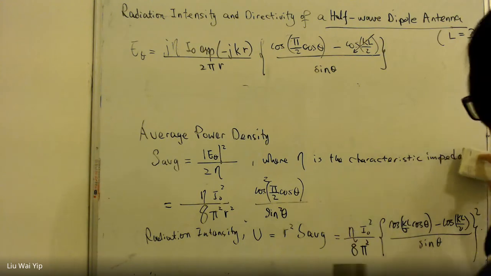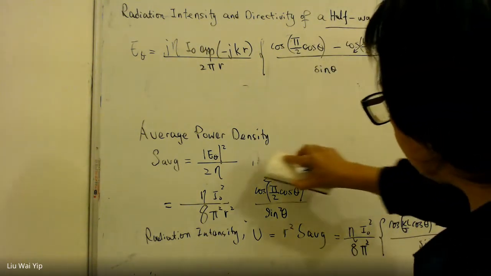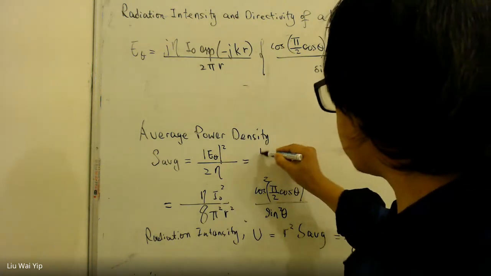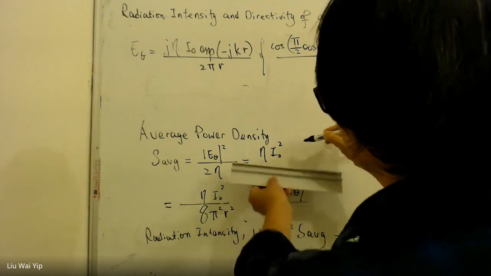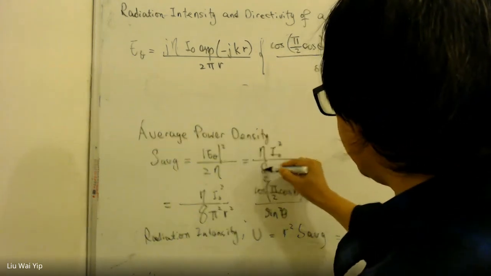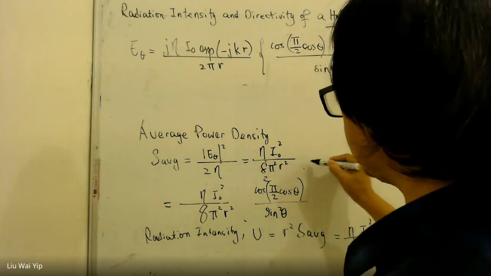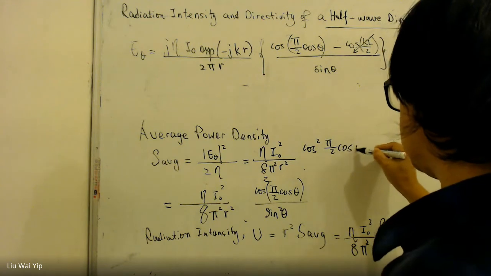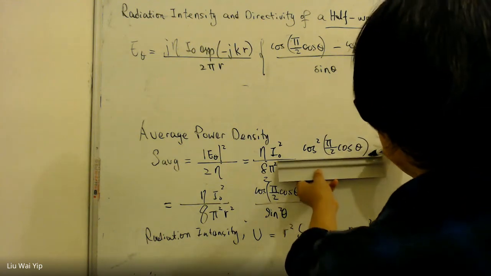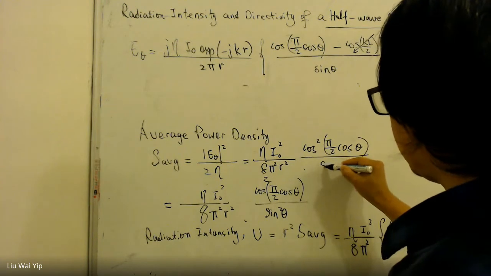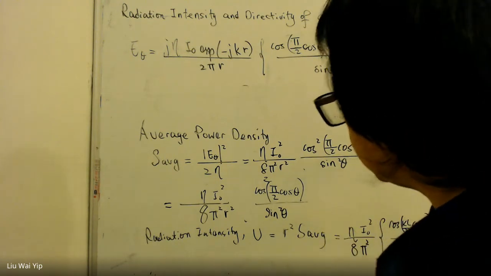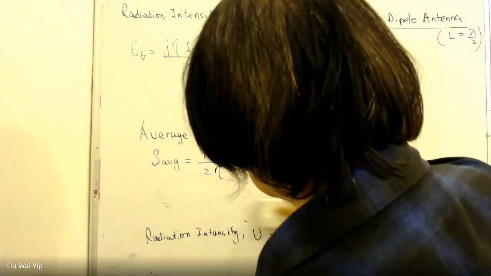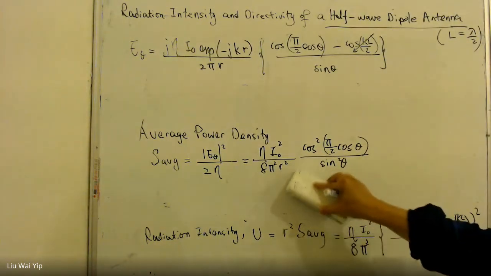I better relocate this because we are running out of space. Pi square r square, and then cos, sine theta square. So this is what we have achieved, and this is the characteristic of the half-wave dipole.